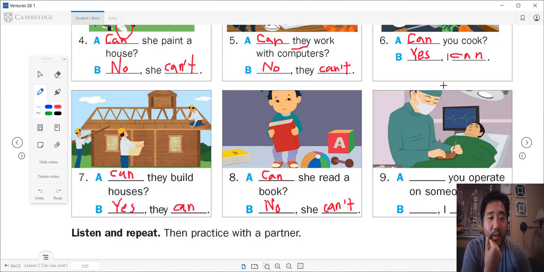Number 9. So here, this is a doctor who's doing a surgery on a patient. So number 9, blank, you operate on someone, blank, I blank. Can you operate on someone? Yes, I can.